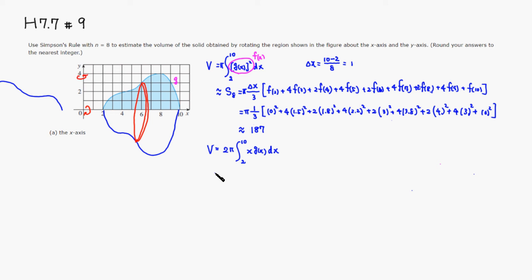We can again approximate it by Simpson's rule, S of 8.